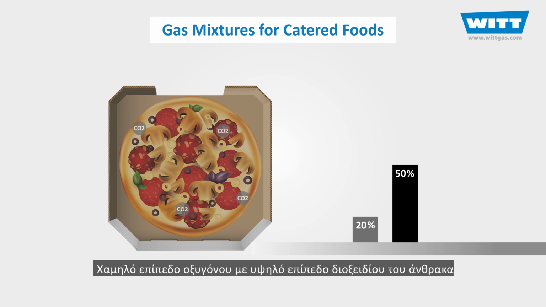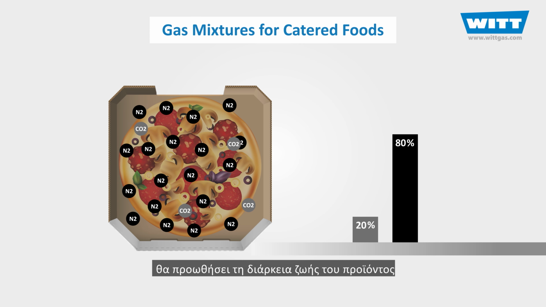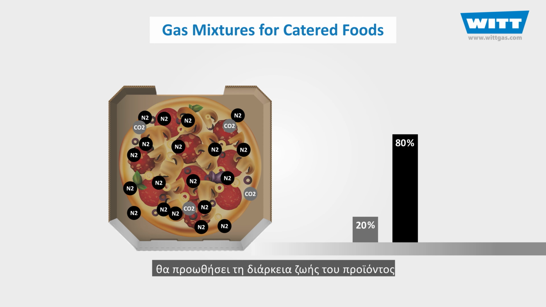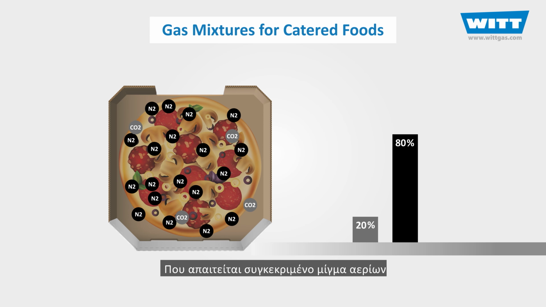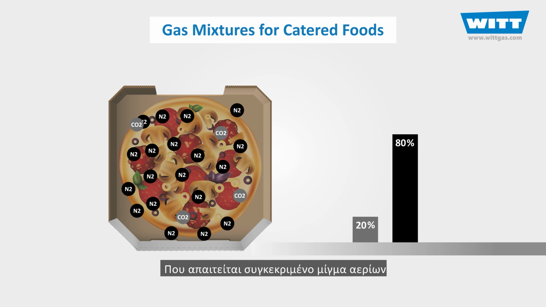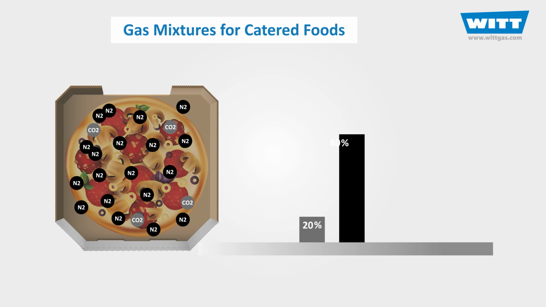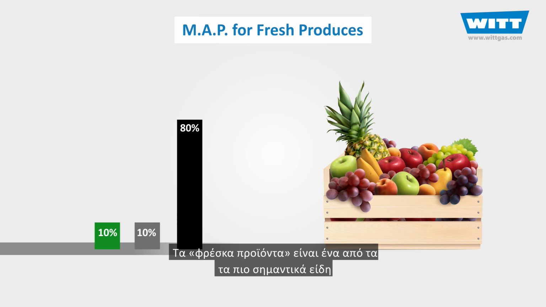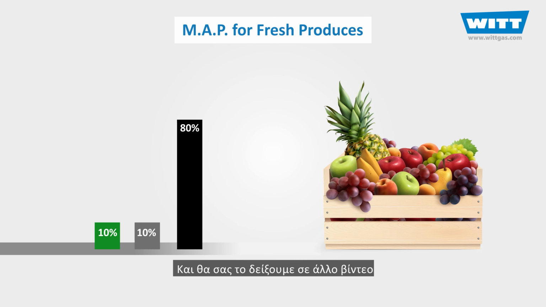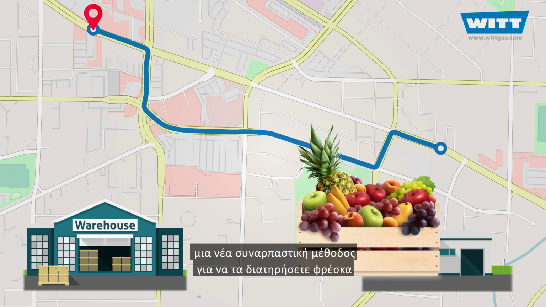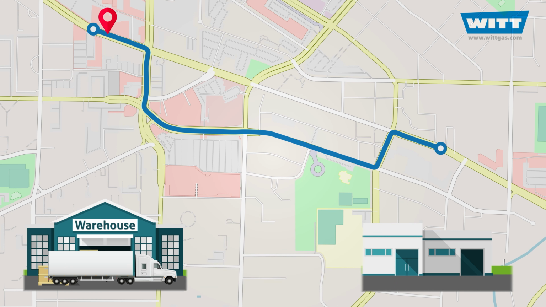Low oxygen level with a high level of carbon dioxide will promote such product shelf life. There are lots of other food categories requiring specific M.A.P. gas mixtures. Fresh produce is one of the most important types, and we'll show you in another video a new exciting method for keeping them fresh during transport.